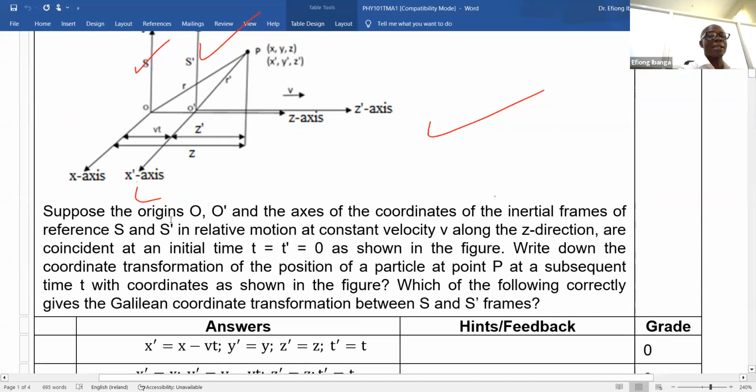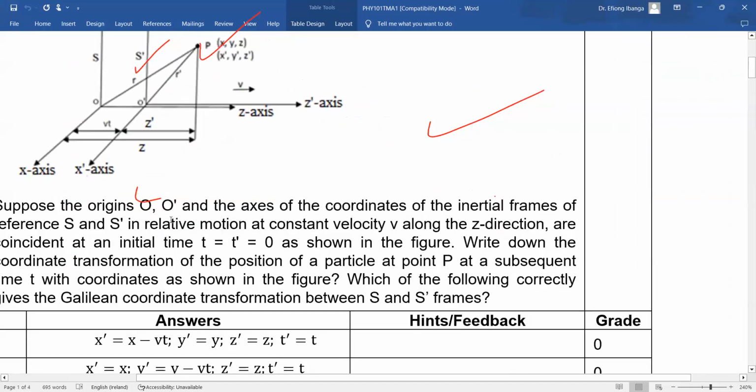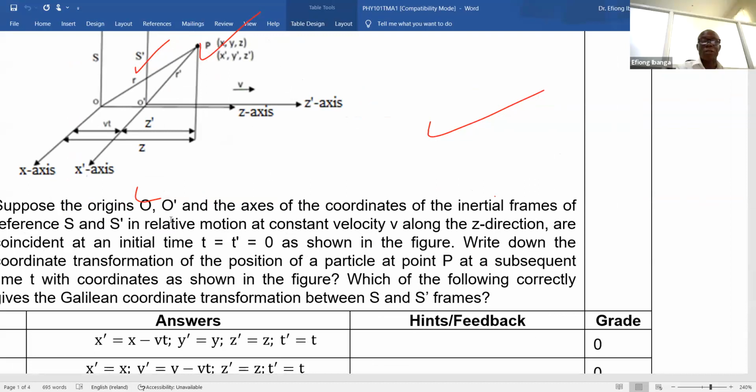It means at T equal to 0, these points O prime and O are at the same point. The observers O and O prime are at the same point at T equal to 0. But at a later time T, of course, O prime would have moved away from O, isn't it? So that's what is being asked there.